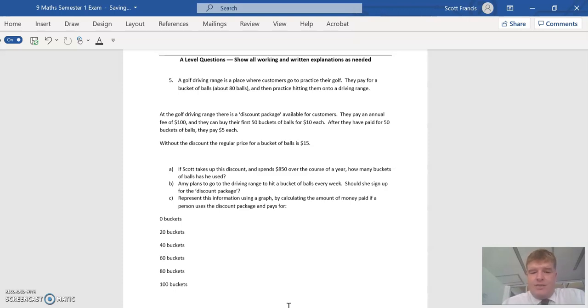Now, I'm going to use the discount and spend $850 over the course of the year. How many buckets have we used here, right? So let's think about this. $850, take off the $100 annual fee equals $750 buying balls.